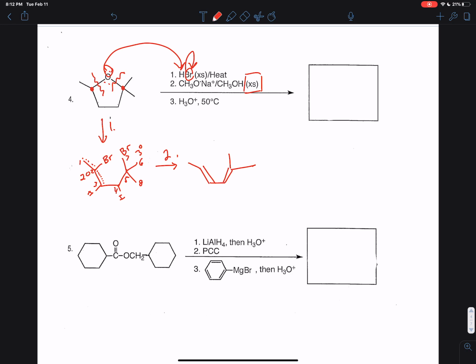Okay, perfect. So we got the right number of carbons there. I accidentally put this one as a carbon. Okay, so now what we formed is a conjugated diene.